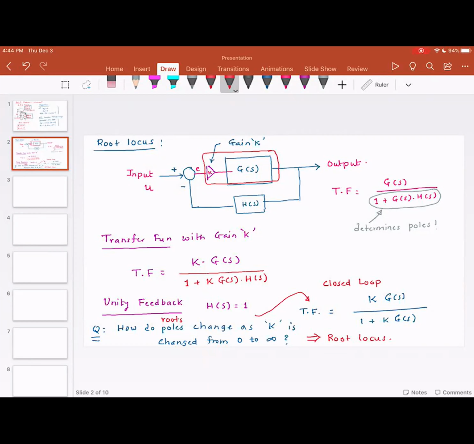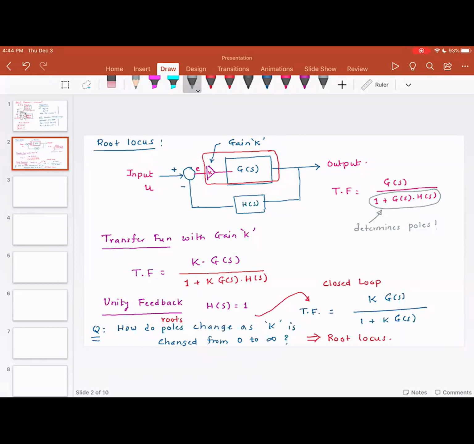Now, what was the purpose of root locus? At one time when the signals were analog, there used to be a lot of operational amplifiers in the control systems. And the idea would be, how do you tune these amplifiers so that the system response is what we need?